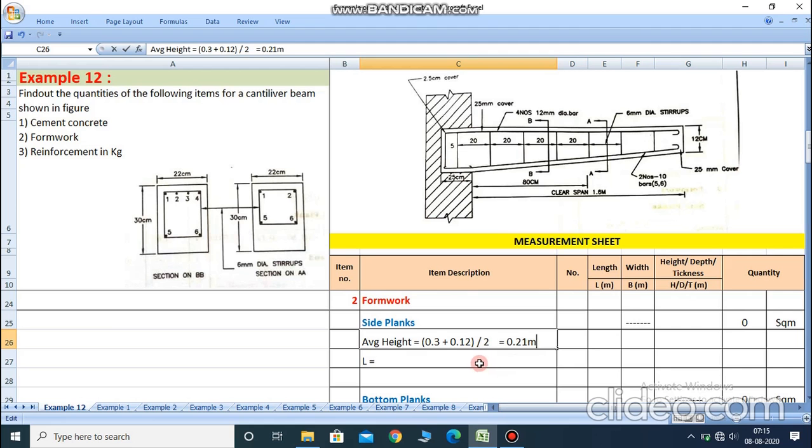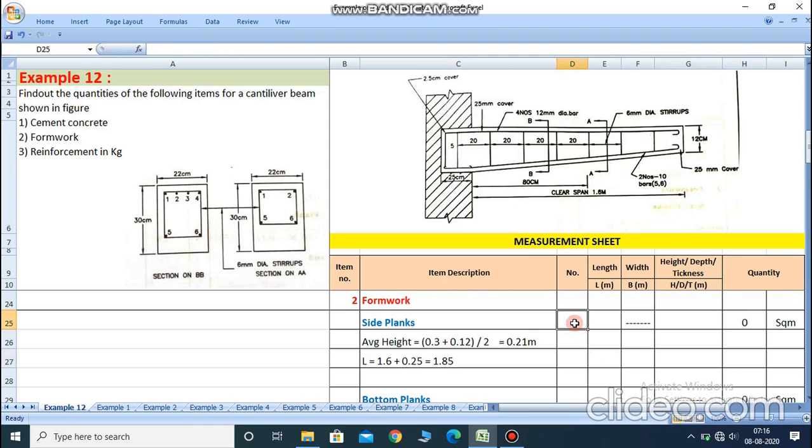Now the length of the formwork: here the length is from the free end to the fixed end. The length is 1.6 meter, the clear span given, and 25 centimeter fixed in the wall. So 1.6 plus 0.25, because 25 is given in centimeter, we convert it to meter. So 1.85 is the total length.